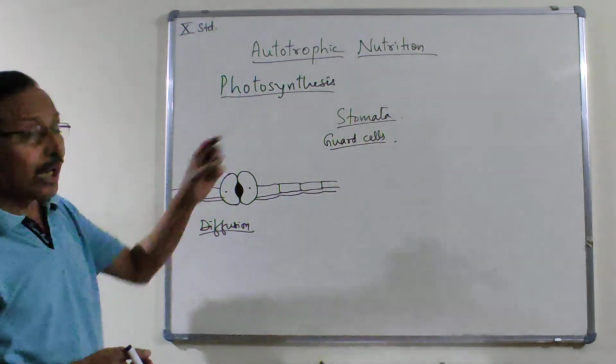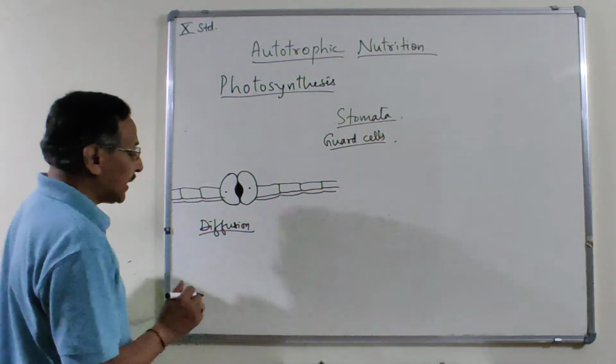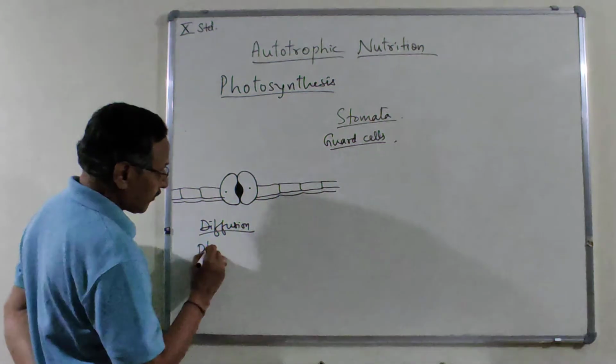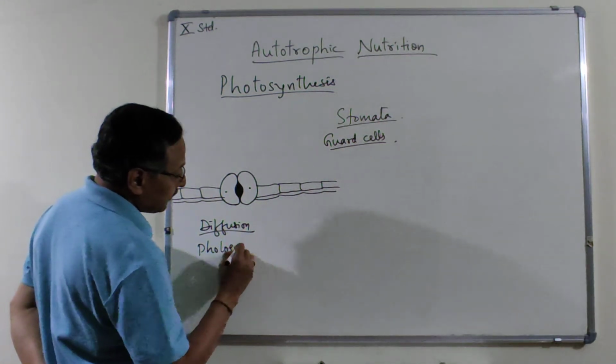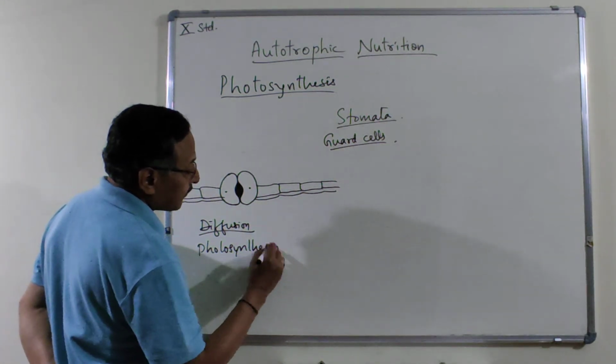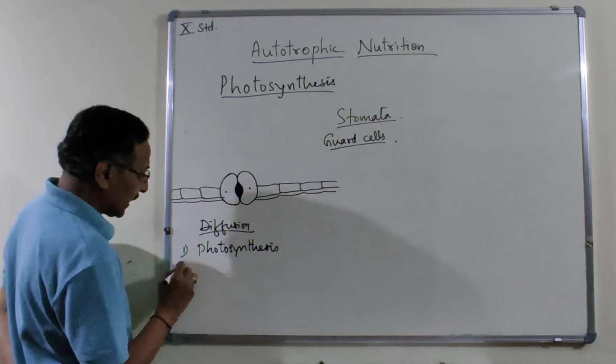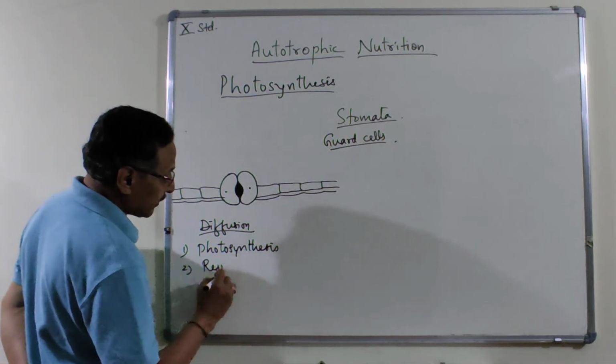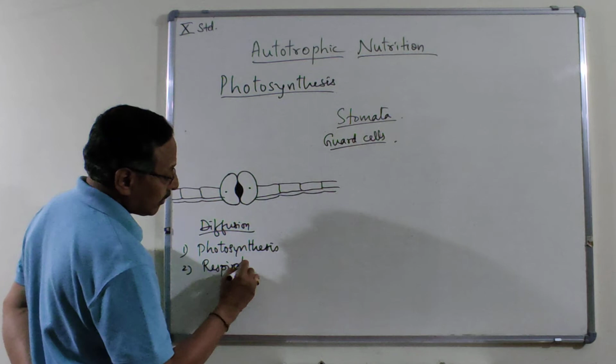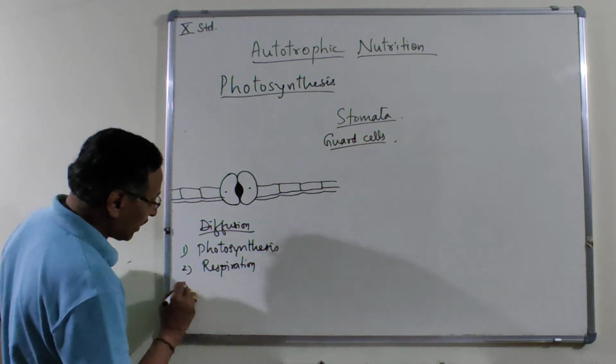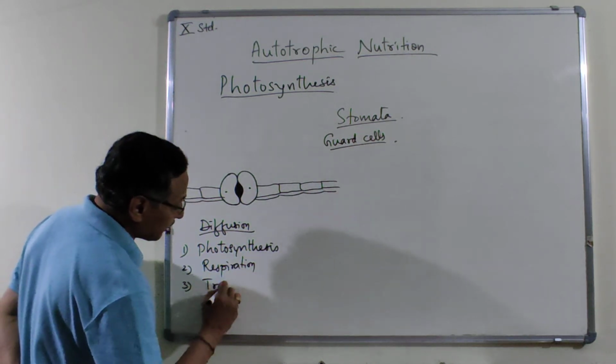So, stomata help in three processes. One is photosynthesis. Second is respiration. And third is transpiration.